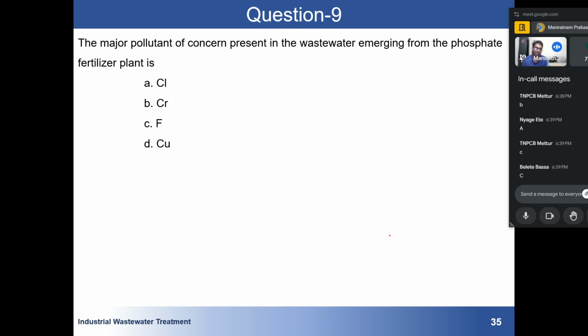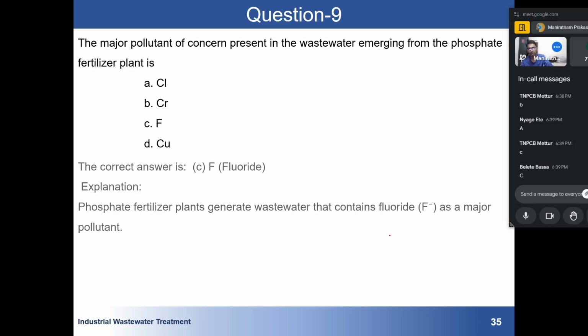C. Yes, the correct answer is C, that is fluoride. If you recall during the recap, I was saying that this phosphate rock contains fluoride also. So when these are processed, some of the fluoride also gets dissolved in the water. Wastewater generated from phosphate fertilizer plants contains high fluoride as a major pollutant.